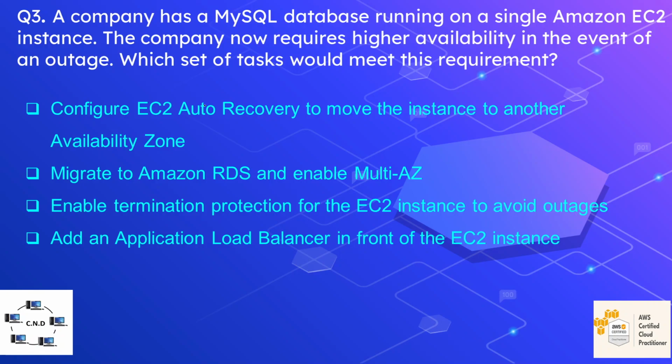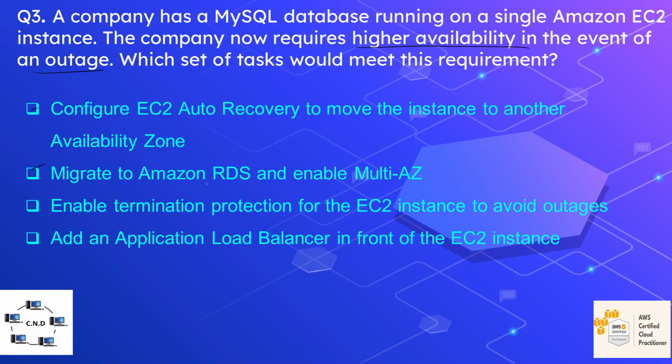Question number three is: a company has a MySQL database running on a single Amazon EC2 instance. The company now requires higher availability in the event of an outage. Which set of tasks would meet this requirement? The options are option A, configure EC2 auto recovery to move the instance to another availability zone.